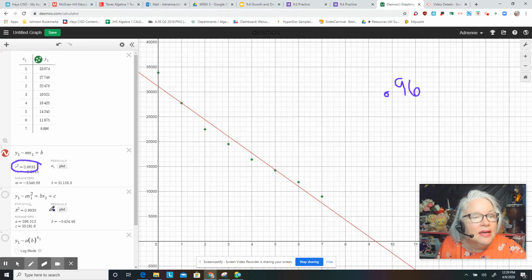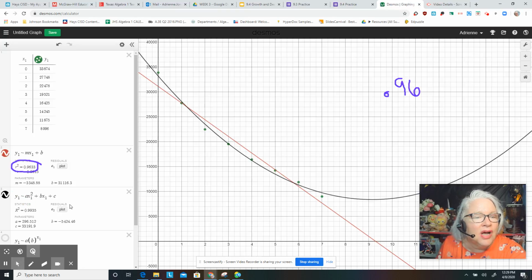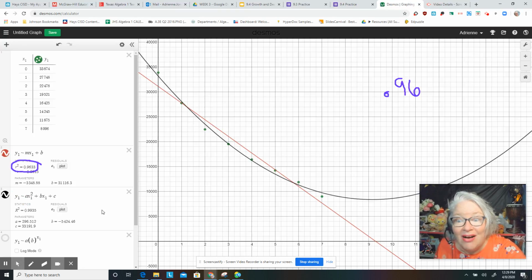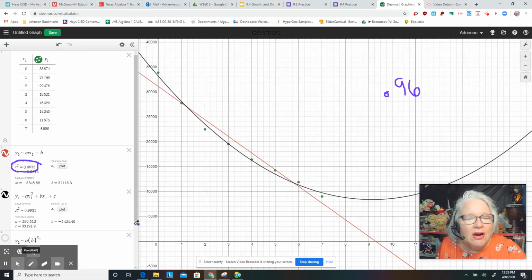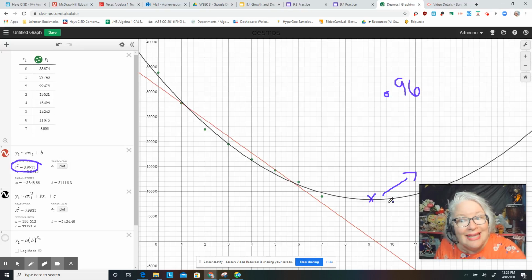Okay. I have the quadratic in here again. Our quadratic, once again, it looks strong. It's got a 0.99 R value, pretty stinking close to 1. But once again, the context of our word problem is it's depreciating. Is our car going to reach 9 years, then all of a sudden shoot up in value? Now, I bet if we were sitting here in class, somebody would say, oh, but Miss Jones, a classic car, an antique.